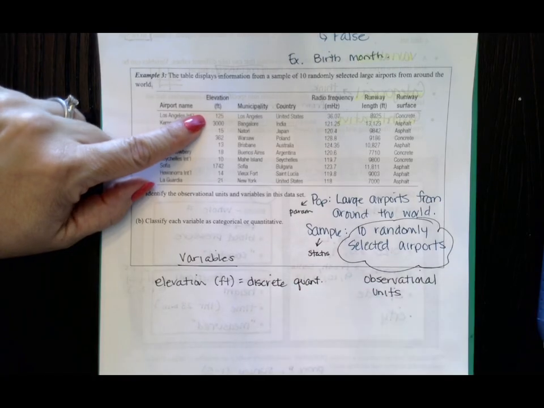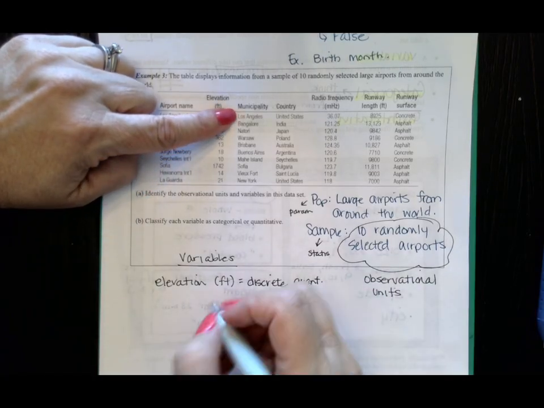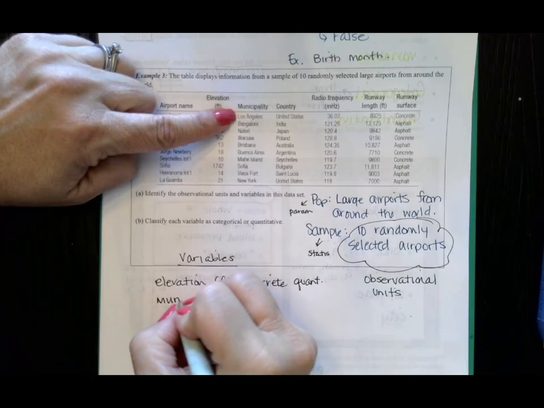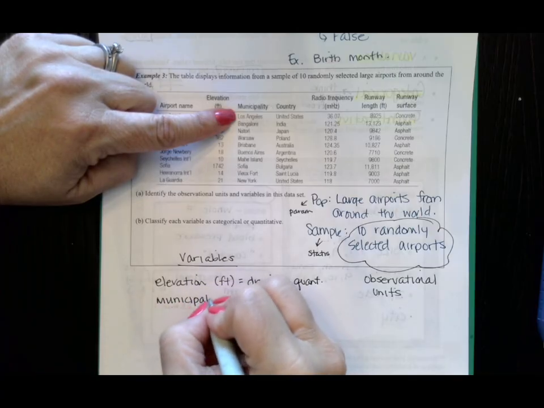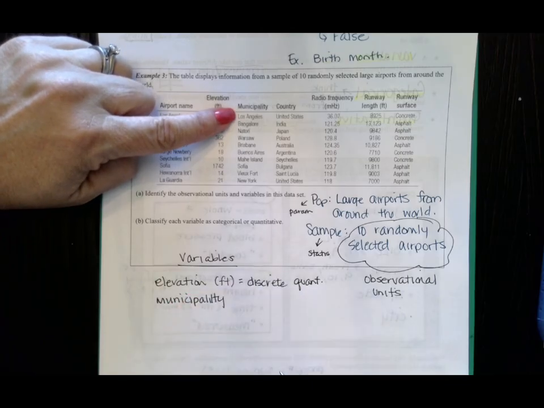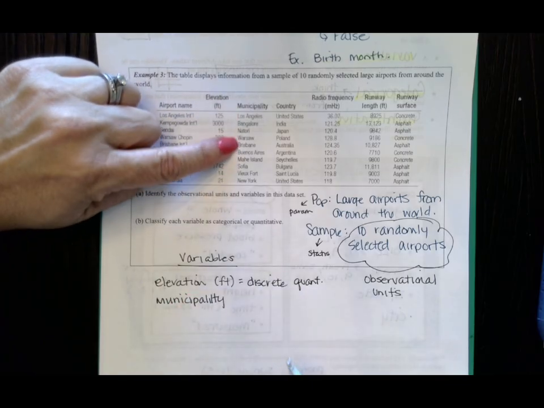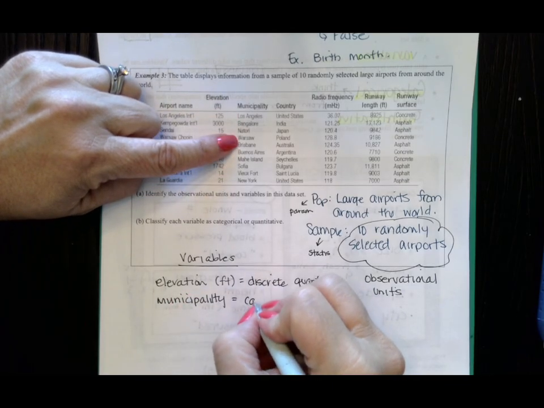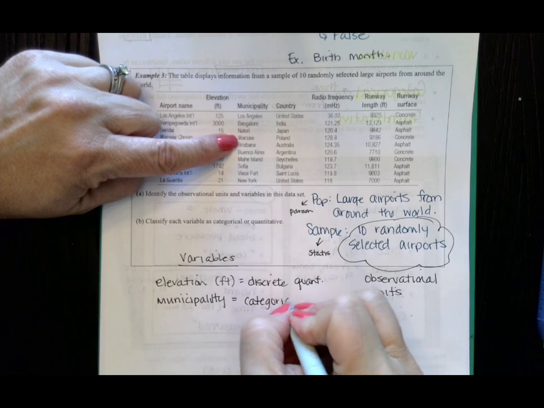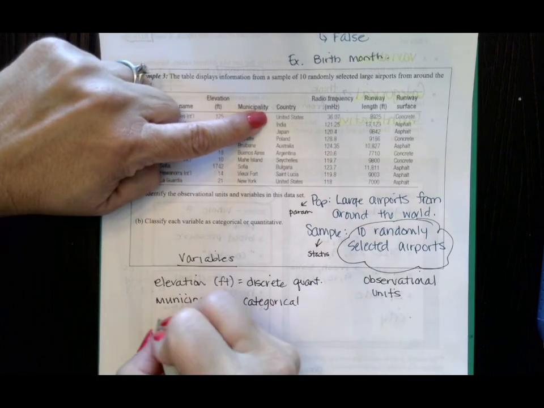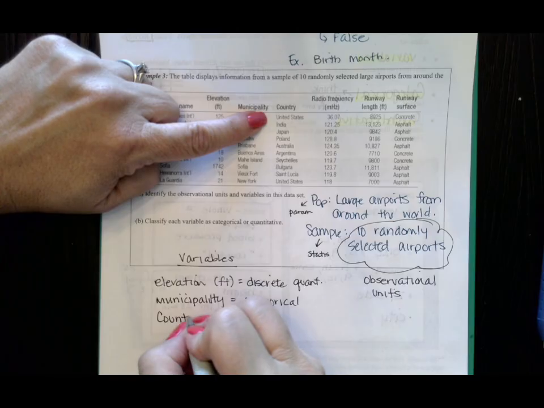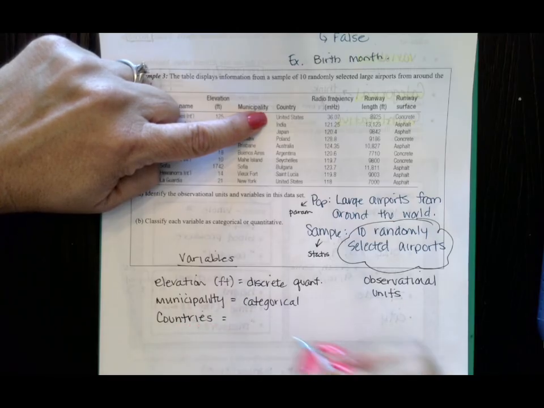And then I go over here to municipality. And this is all cities. And so this is going to be categorical. Next one here, I go over and I have countries. And again, this is going to be categorical.